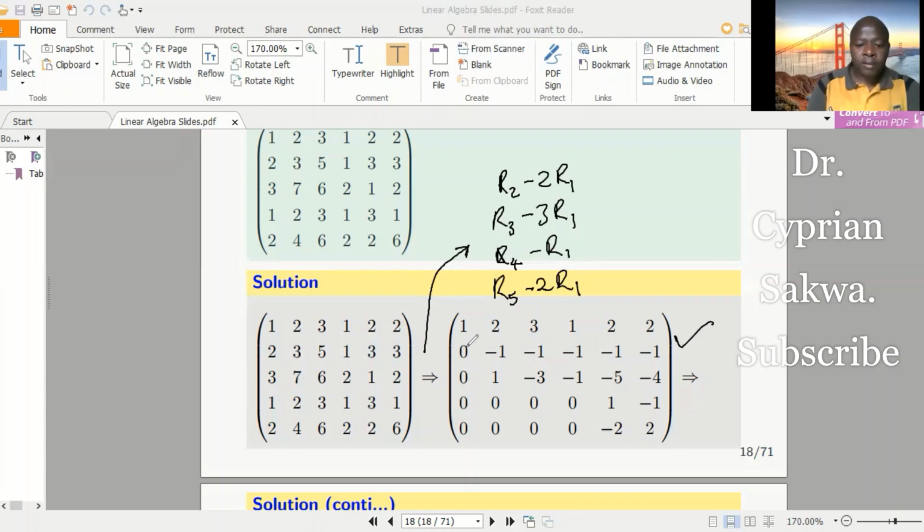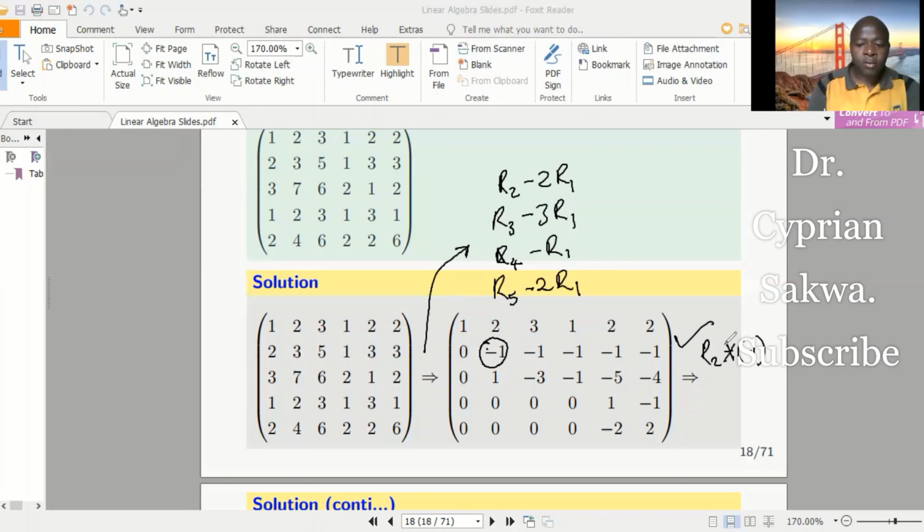Now, we'll be done with the first column. We now come to this second row, and this is our leading one. We make it 1 by multiplying row 2 by negative 1.